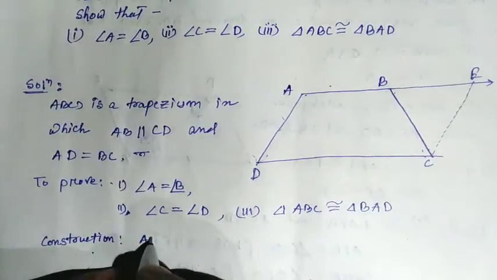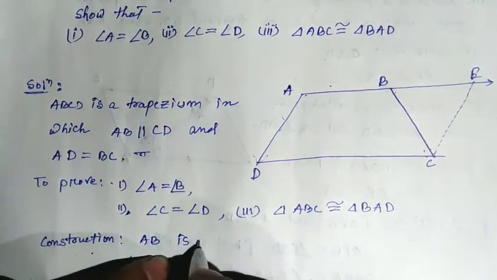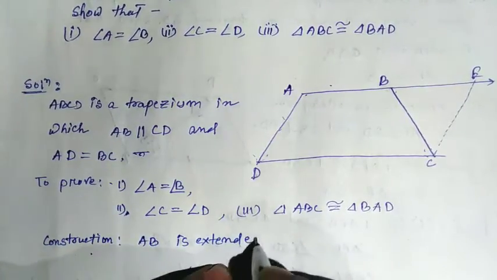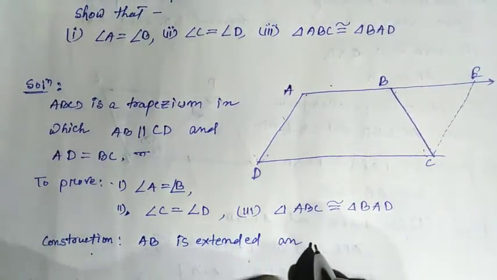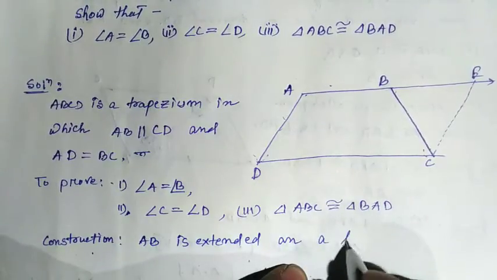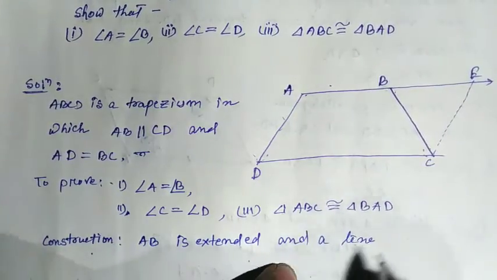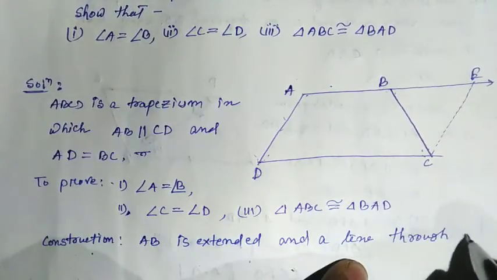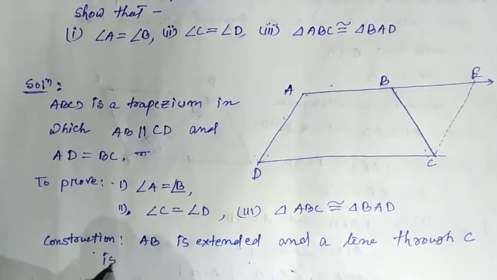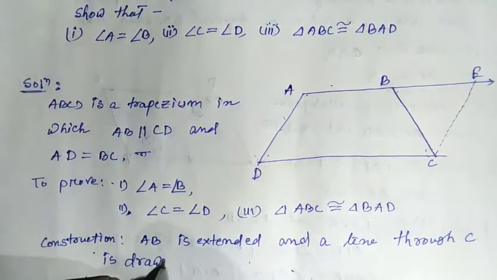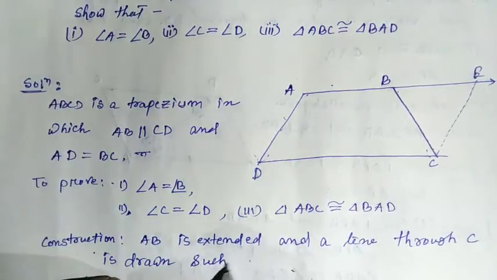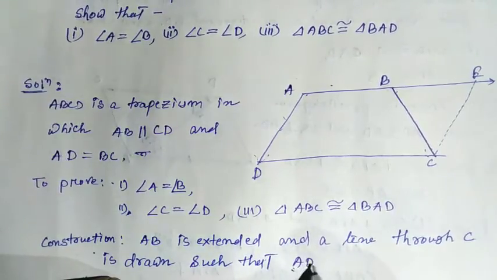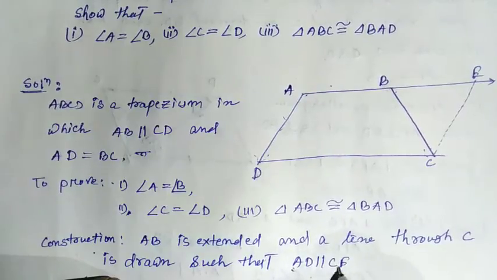So right, AB is extended and a line is drawn through C such that AD is parallel to CE.